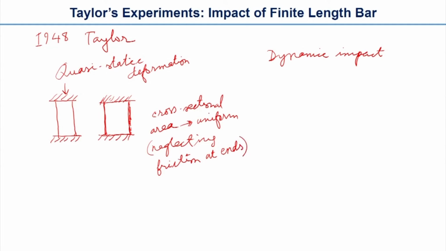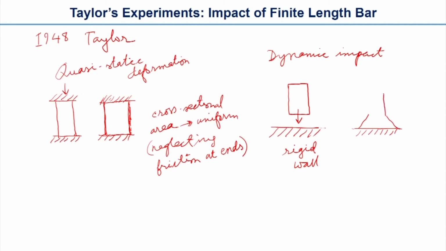So now for dynamic impact, let's assume that there is a rigid wall and the cylindrical bar is impacting on this rigid wall. After the impact, the bar will take a shape like this.